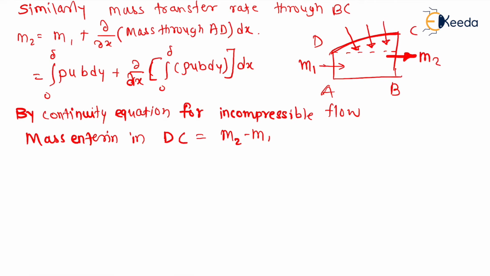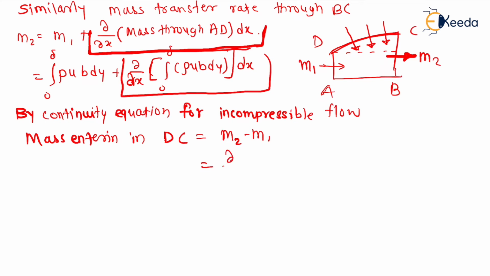We all know that in m2 this part m1 plus this much addition has been added. So obviously m2 minus m1 will be this term. So it is delta by delta x integral from 0 to del rho u b dy outside the square bracket dx.